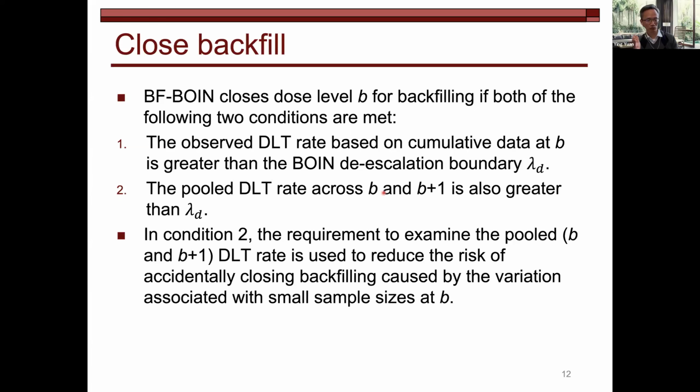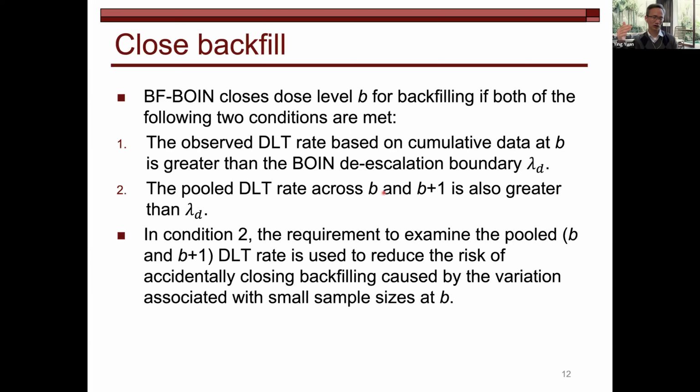For example, when you treat more patients at a lower dose, originally you have 3 patients with 0 toxicity, and then you add 3 more and you see 2 DLTs. Overall you see 2 DLTs out of 6 patients. It's a very small sample size, and the 2 DLTs may be just due to randomness.